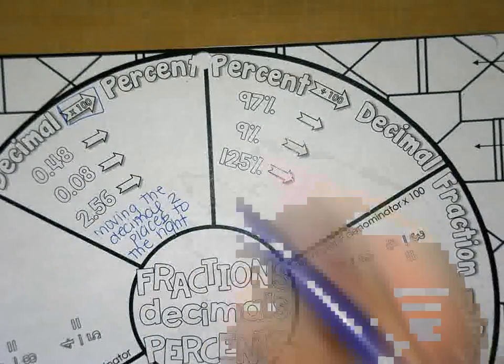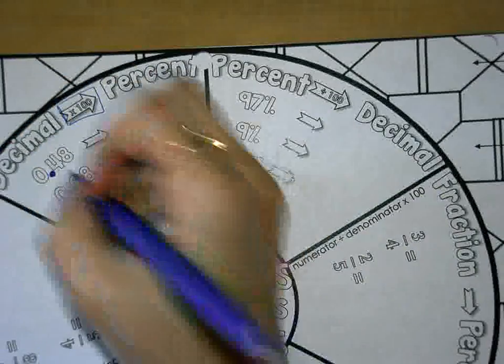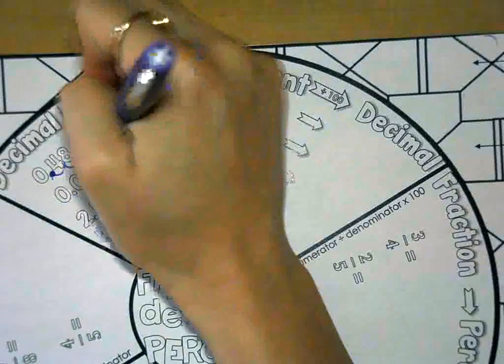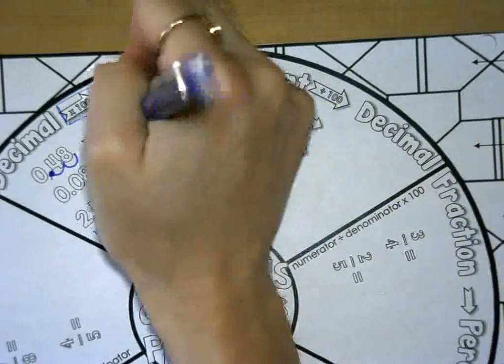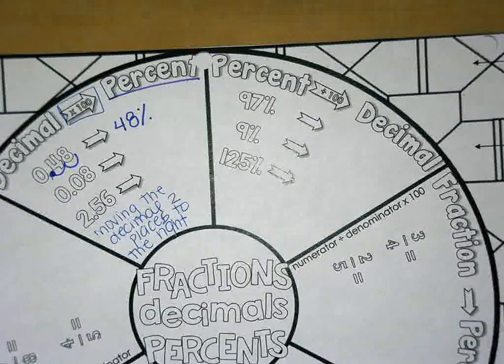I have my decimal point right here, and I want to move it two places to the right, so I go 1, 2. So now I have 48, and because we are moving it to a percent, I need to add my percent sign. So 0.48 is 48%. Same thing with my 0.08.